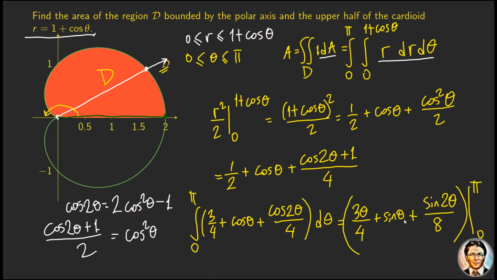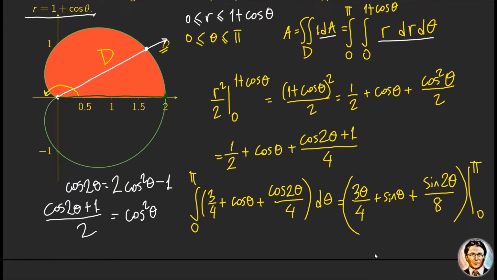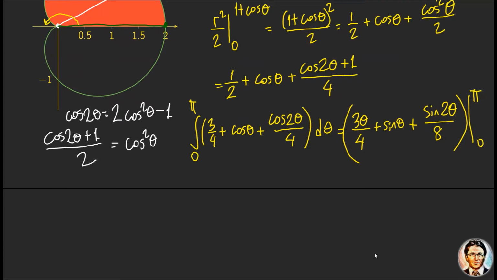Well, sine pi is 0, sine 0 is 0, sine 2 pi is 0, so this part will give us nothing. You will get just 3 pi over 4, and the others will just disappear. So 3 pi over 4 is the area of the half cardioid.